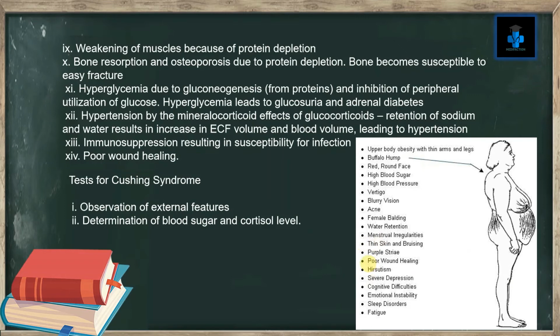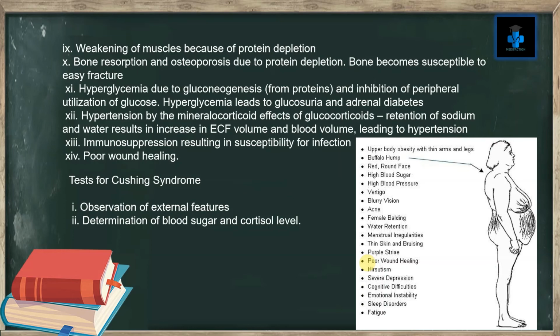9. Weakening of muscle because of protein depletion. 10. Bone resorption and osteoporosis due to protein depletion. Bone becomes susceptible to easy fracture. 11. Hyperglycemia due to gluconeogenesis, that is from proteins, and inhibition of peripheral utilization of glucose.